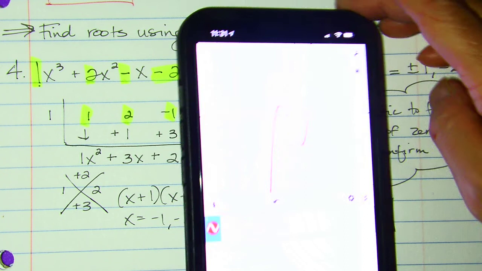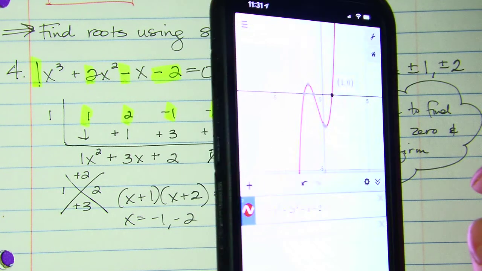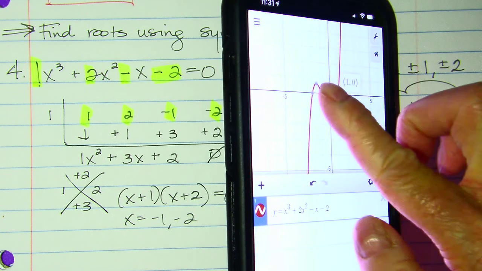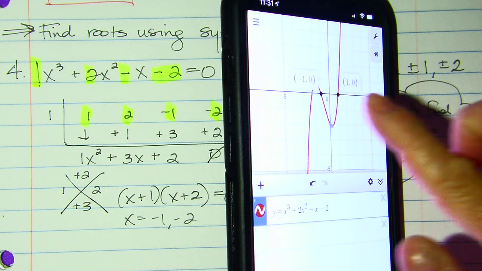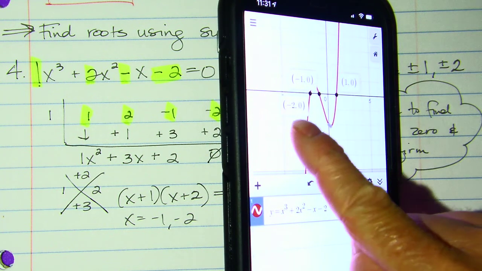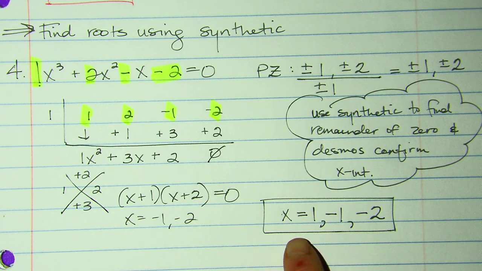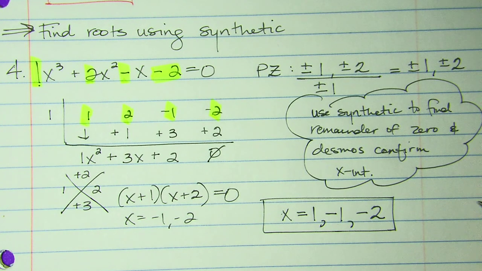If you look and you click, here's one solution at 1, 0, it crosses the x-axis at negative 1, 0, and at negative 2, 0. Look at your x values: negative 2, negative 1, and 1, right here. All right, next one.